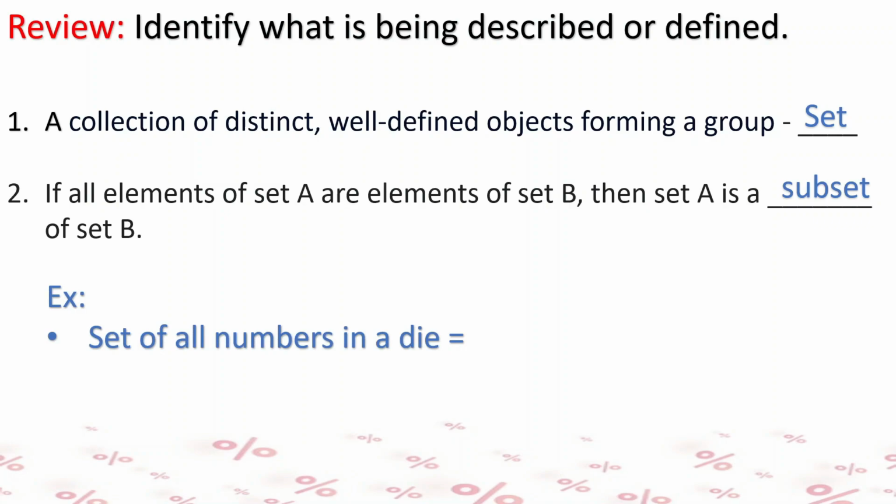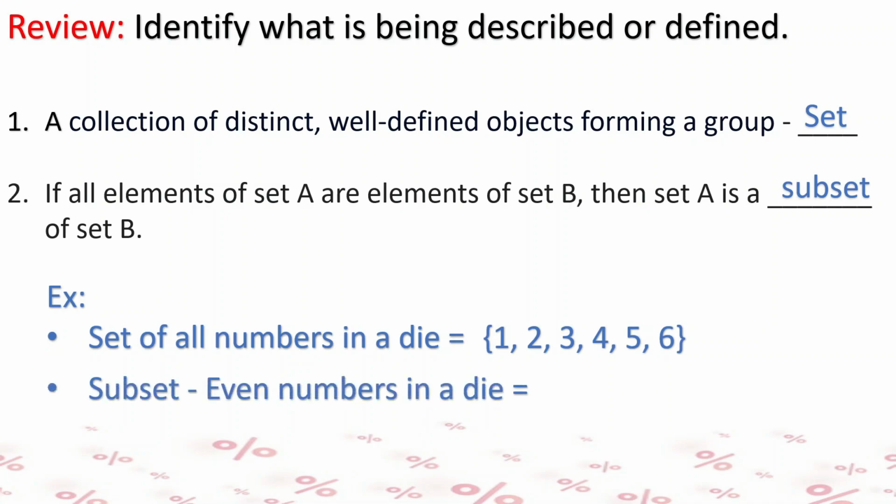Here are some examples of how we can use these concepts. The set of all numbers in a die includes 1, 2, 3, 4, 5, and 6. A subset of all numbers in a die are the even numbers in a die. They include the elements 2, 4, and 6.